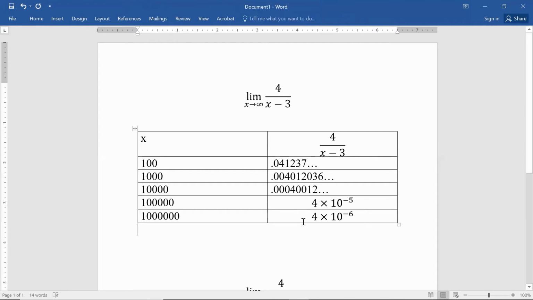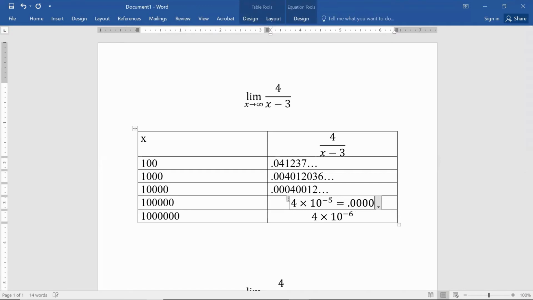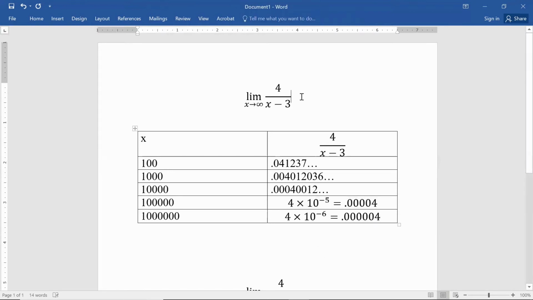Notice these numbers on the right here are getting closer and closer and closer to 0. Don't be fooled by these scientific notations. All that's saying is we're getting lots of zeros and then a 4. Even more zeros and a 4. And so as x is approaching infinity, my fraction is approaching 0.